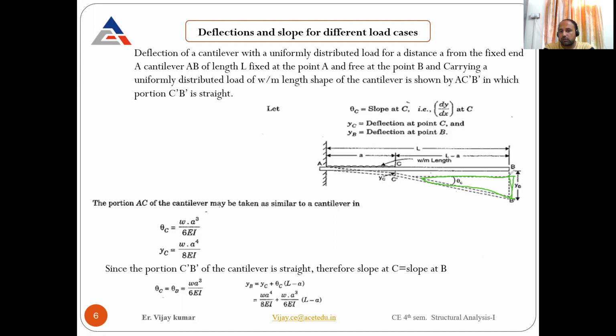Again, we can solve with the same approach as in the point load case. The perpendicular will be equal to the base multiplied by theta C. Just put in the values. That's how we can get the slope and deflection for a UDL acting over a distance a from the fixed end.